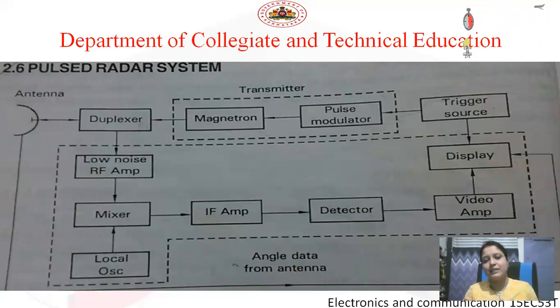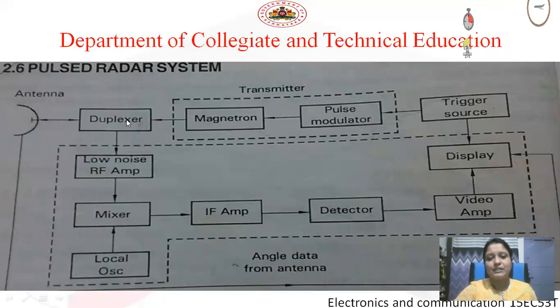Its main purpose is to synchronize the transmitter and the receiver sections, as well as to control the pulse generating process through the modulator. To control that, we need a controlling circuit, and that is done by this trigger source. Now whenever the pulse modulator turns the magnetron on, the signal is given through this duplexer, enters the antenna, and is radiated towards the target.